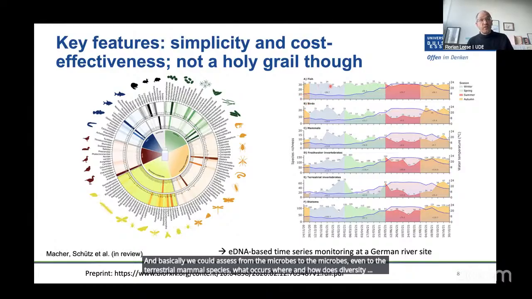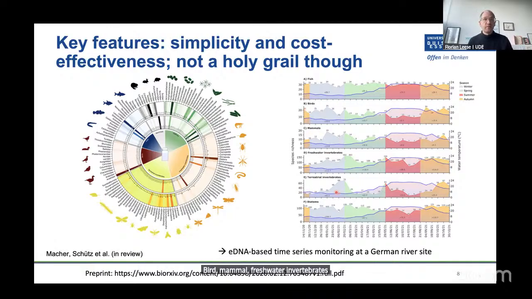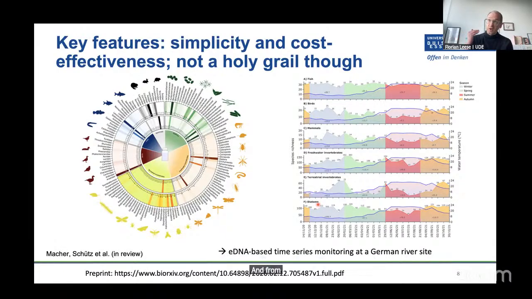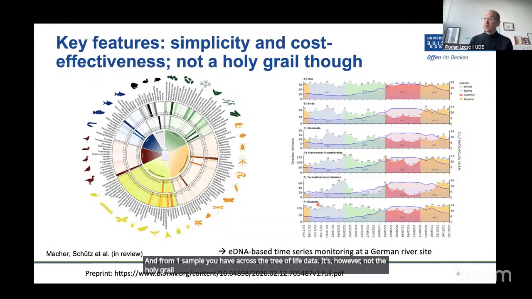For example, the fish diversity through time, bird, mammal, freshwater invertebrates, terrestrial invertebrates. There you see that you have quite seasonal trends in there, or the diatoms. And that is really fast and affordable. It doesn't cost a lot. And from one sample, you have data across the tree of life. It's, however, not the holy grail. You definitely have lots of false negatives and sometimes a few false positives in there. All methods have that.